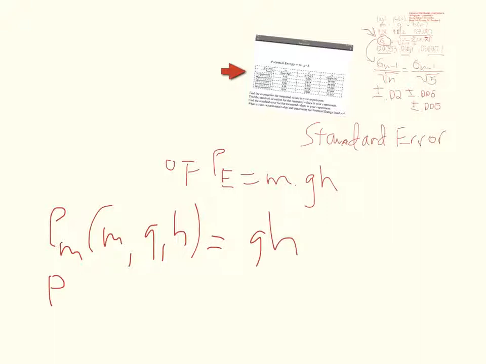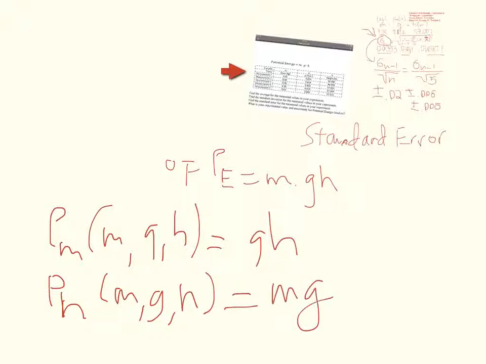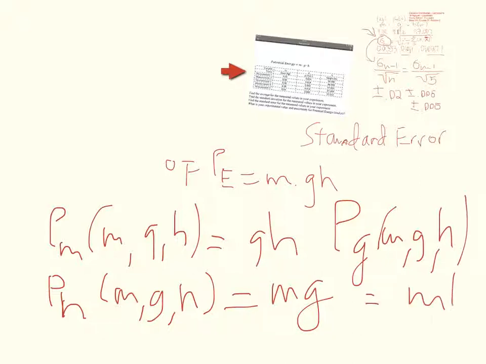The partial derivative with respect to h is just going to be mg, and the partial derivative with respect to g is going to be mh.